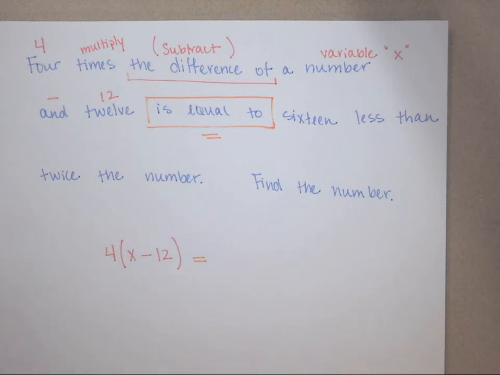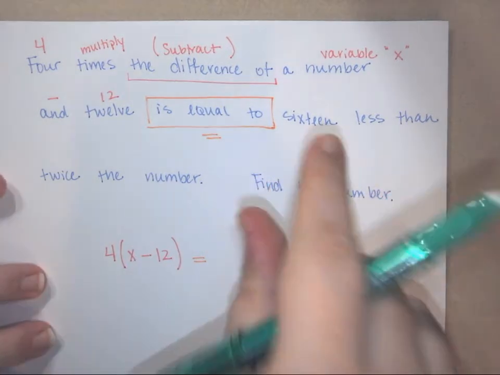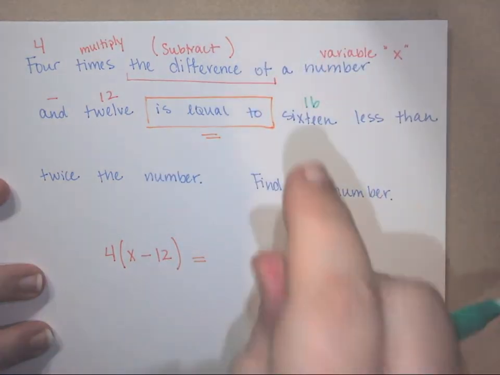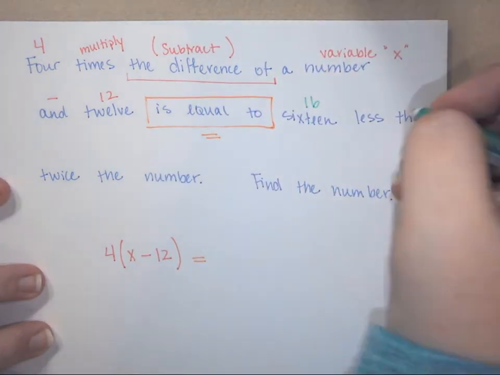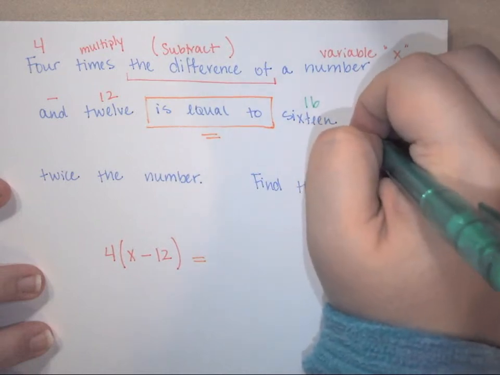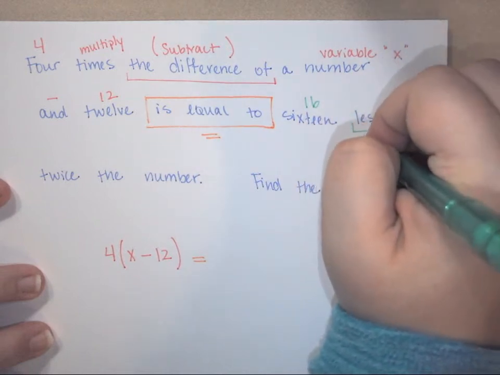Okay. So when we move on to the next, we need to look at what exactly is being said. And we have, again, quite a few key phrases that are being used. First we have 16. Obviously this is going to be the number 16. But then I have less than. Okay? Less than, this right here, this is called a turnaround.